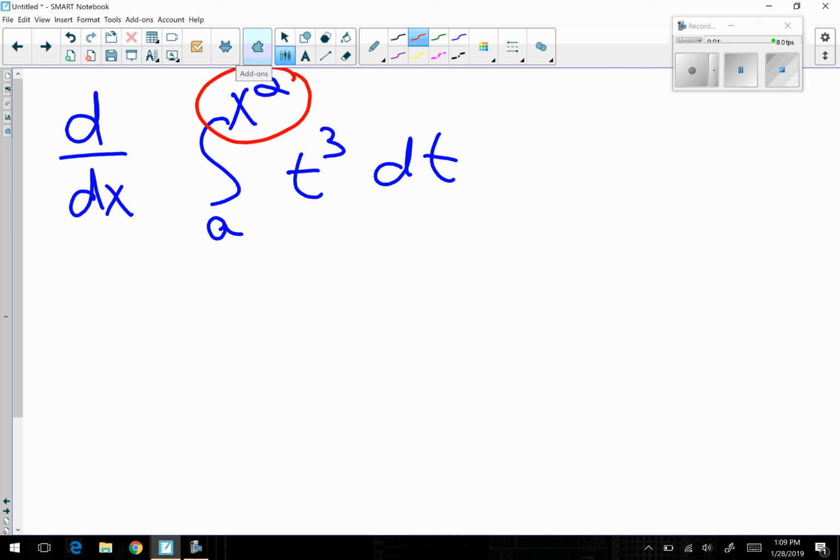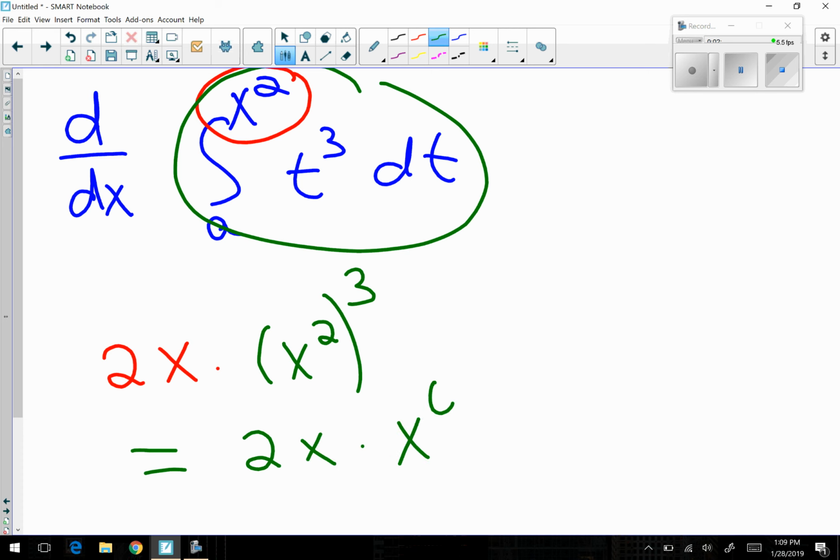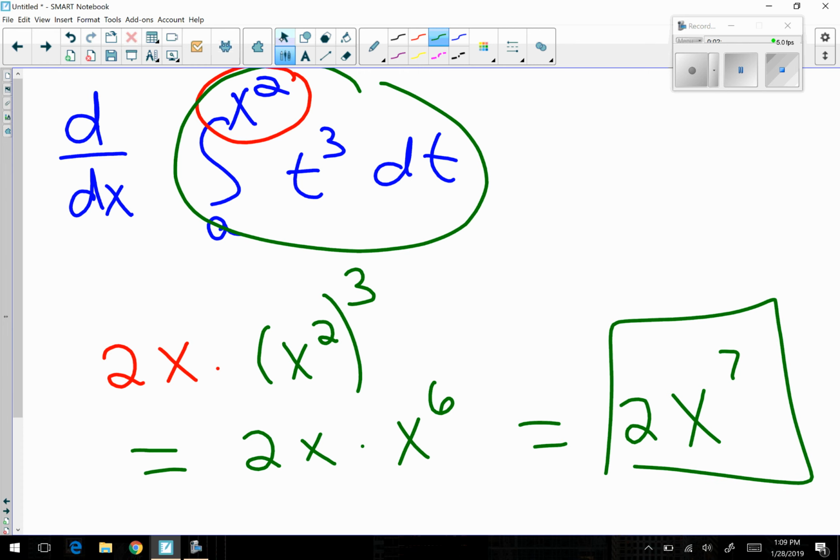So x squared derivative of my inside is 2x times the derivative of the whole thing. So again, instead of t, I'm now plugging in x squared, but this t was being cubed, so my input is being cubed. And so my final answer is 2x times x to the 6, which just gives me 2x to the 7th. Final answer.